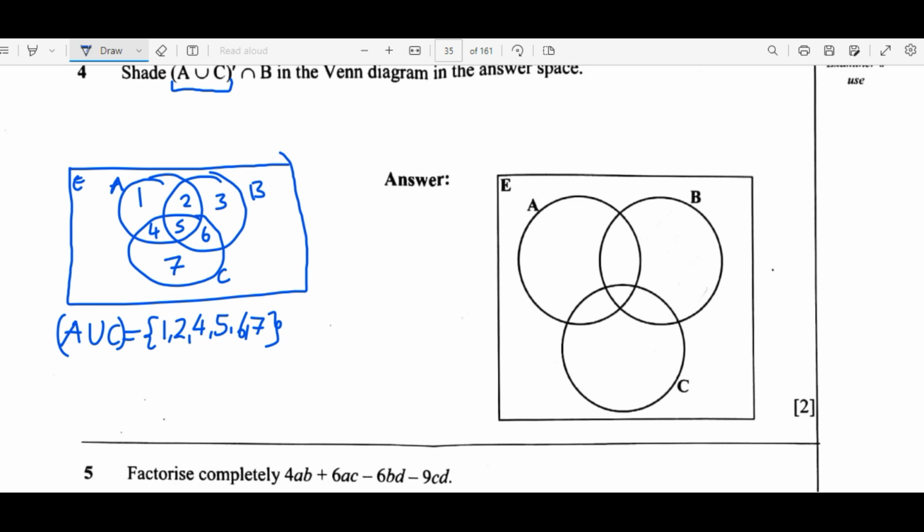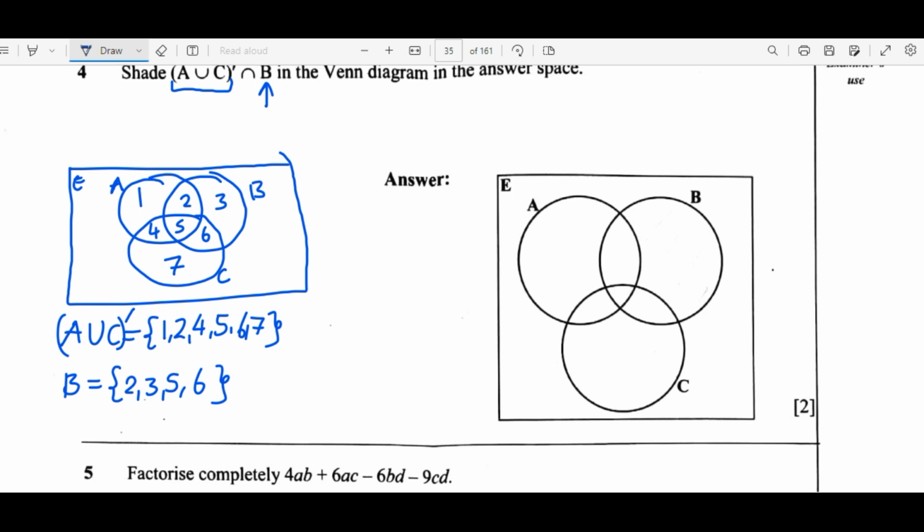Then from there, let's look at set B. Let's write all the elements in set B: 2, 3, 5, 6. Now, since the A union C has a complement, this means that whatever elements we have under the A union C must not be of our consideration.